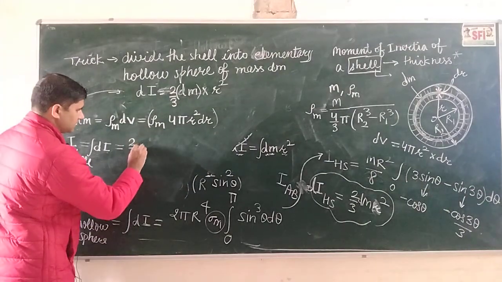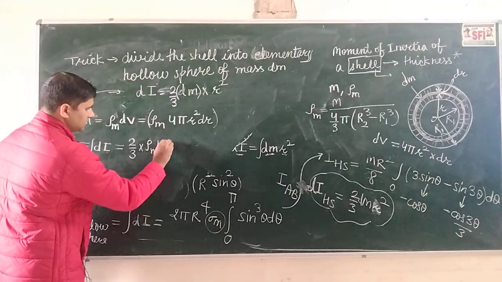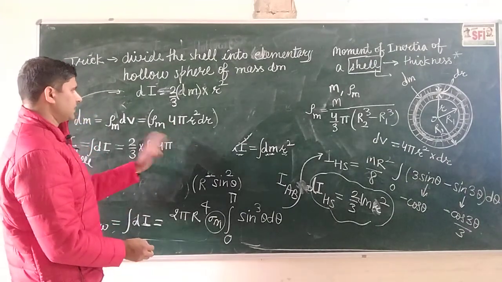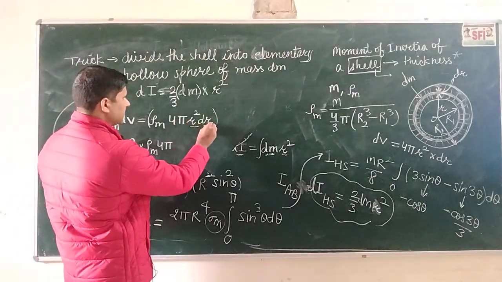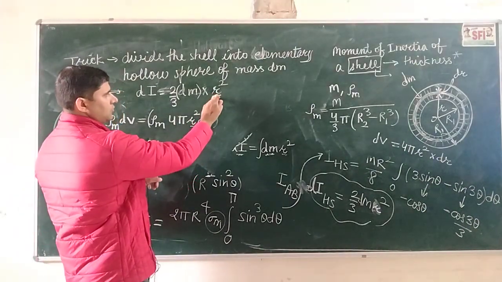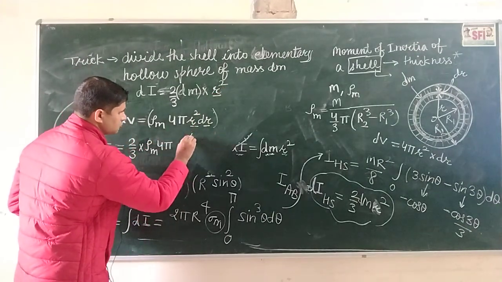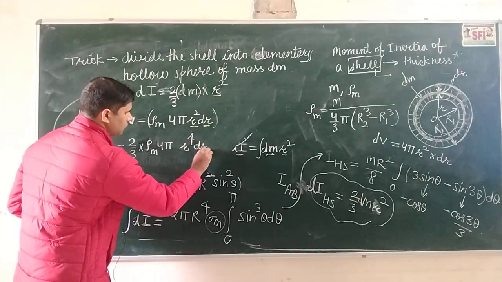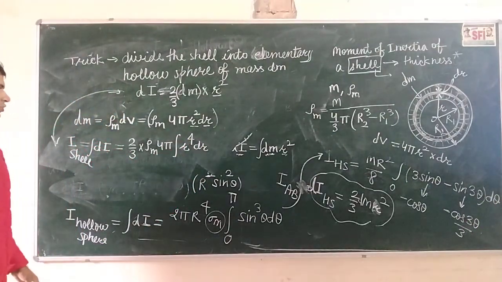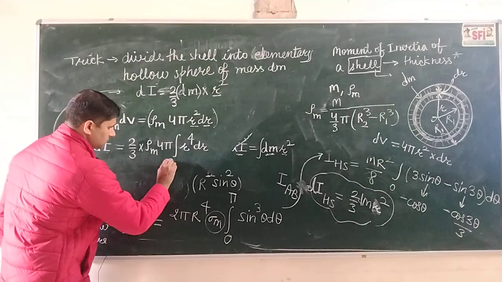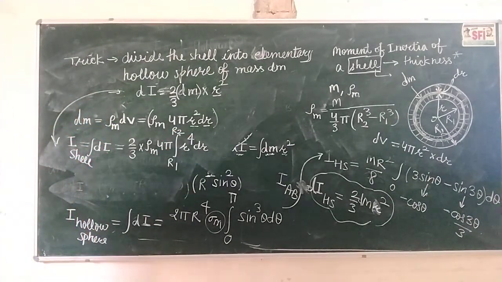Okay, so you can take the mass density into 4 pi. These are constants. You can take them out of the integration, and then you are left with r square and dr. And you have one more r square here, so I can write it as r raised to power 4 into dr and its integration, from the inner radius to the outer radius, r1 to r2.